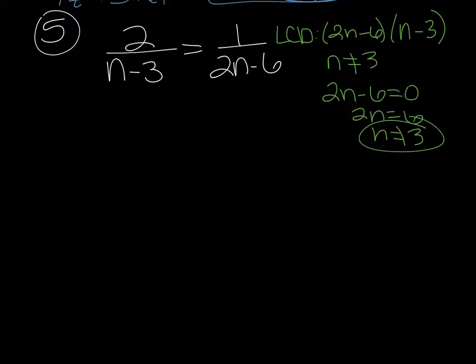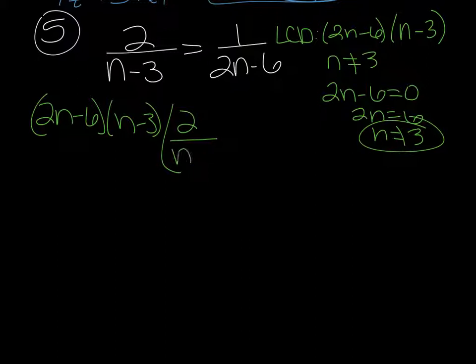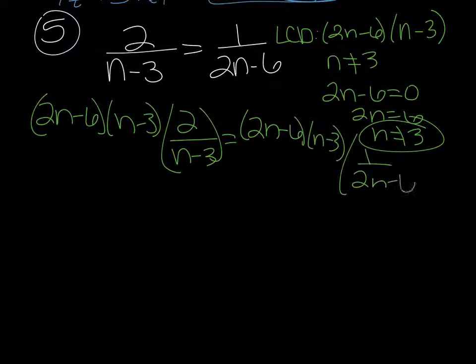All right, so if I go through and multiply by my least common denominator, 2n minus 6 times n minus 3 times the quantity, 2 over n minus 3. And then on the right-hand side, doing the same thing, and then cancel out your denominators.